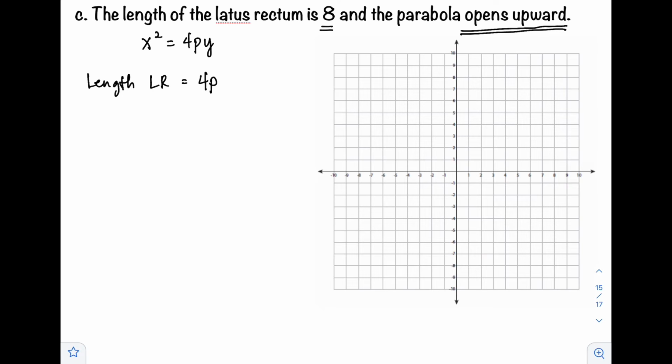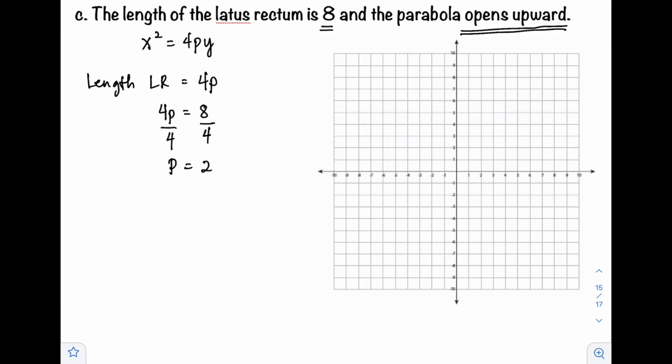So, kung ang formula natin dito is 4p and yung given natin is yung the length of the latus rectum is 8, so pwede natin yan i-equate doon. So, we have 4p equals 8. Then, to solve for p, divide both sides of the equation by 4. So, ang p natin equals 2.